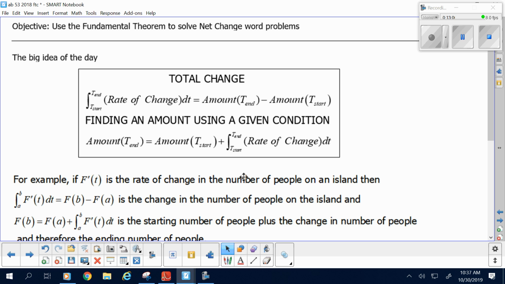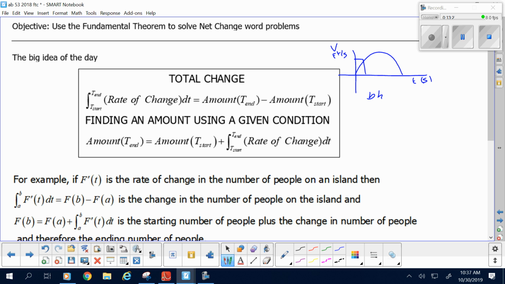The idea of the day is if you integrate a rate of change, then you get amount of change. Integrating a rate of change gives you an amount of change. Why would that be? Well, think about when we did velocity in feet per second. When we did all this area stuff, didn't we do rectangles? And isn't this rectangle base times height?